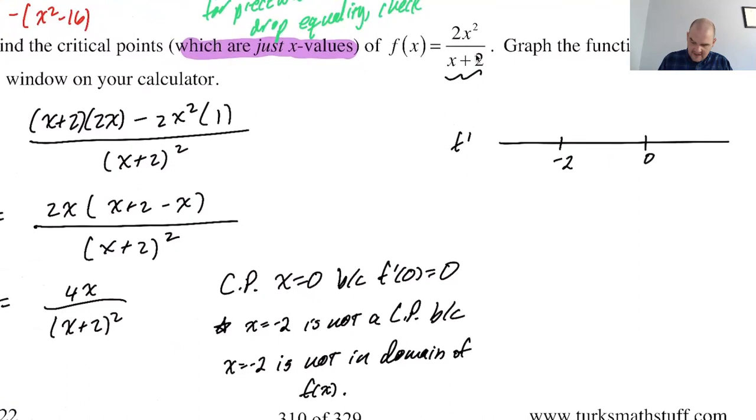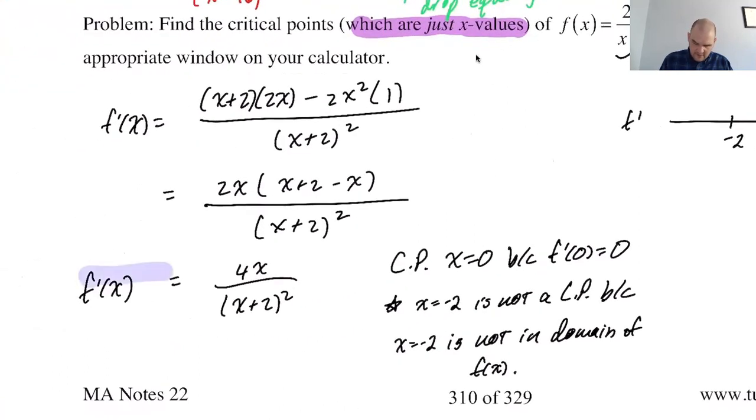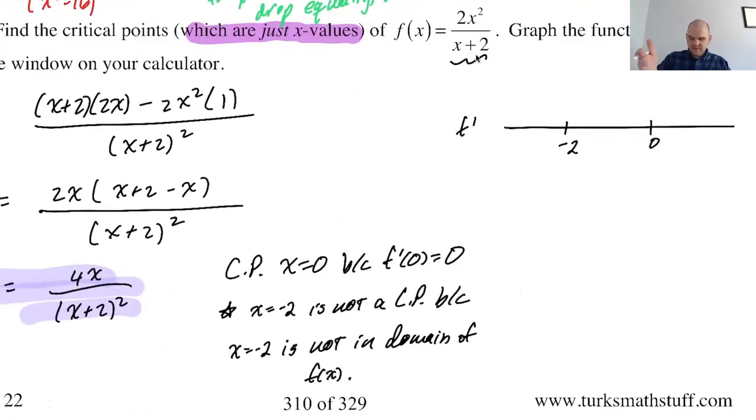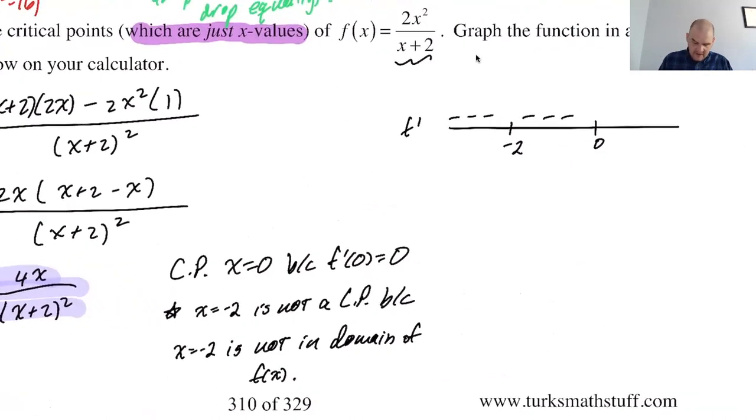So we're testing here. Negative 1, let's say, gives me a negative numerator, and the denominator is squared so it's always positive. So negative. So still decreasing. And then positive is just going to give me a positive.